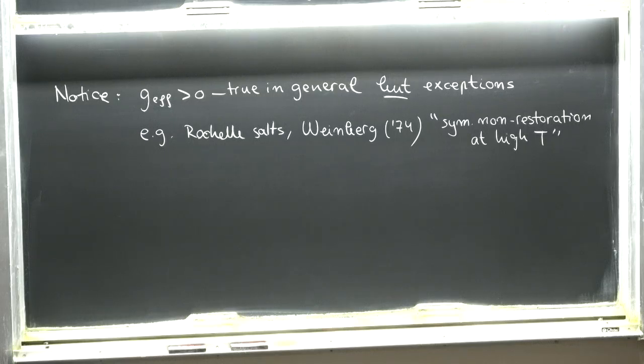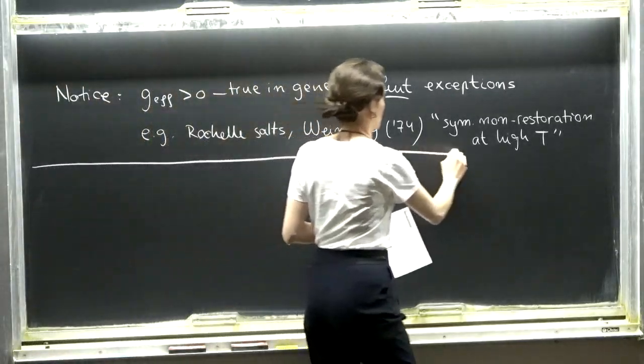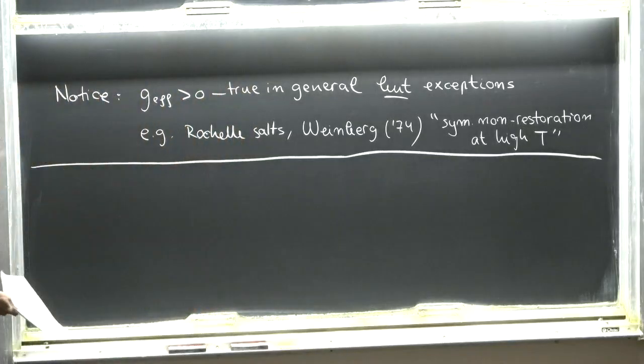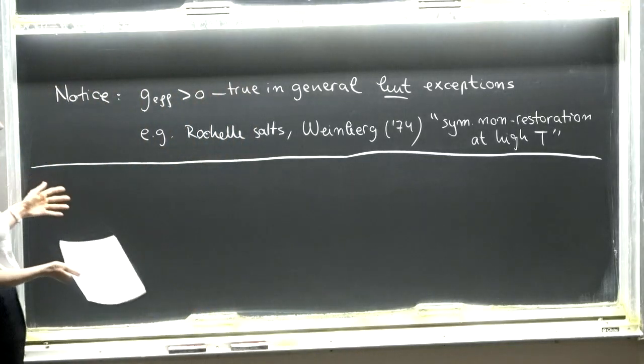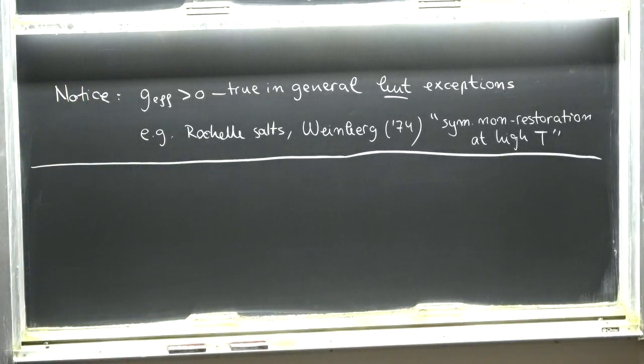Okay, so we see that it's generic to have symmetries be restored at high temperatures. We do expect that our universe was in an equilibrium thermal state in the early universe. We know from the CMB that the CMB is, to a very high accuracy, a black body spectrum. So at least at the moment of last scattering, the universe was in thermal equilibrium.